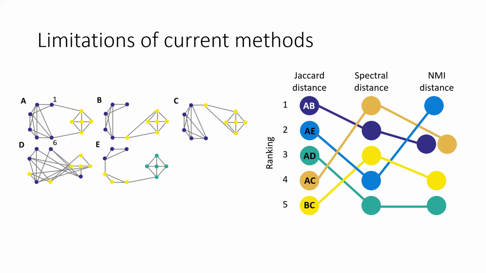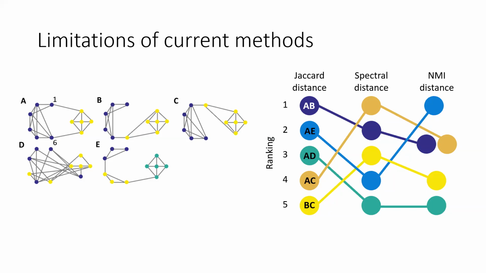But if we look at NMI, we see that A and E are the closest together. So this measure is picking up that network E is the nested version of A, or that A's blue community is broken up into two. And you can argue that these two are very similar.